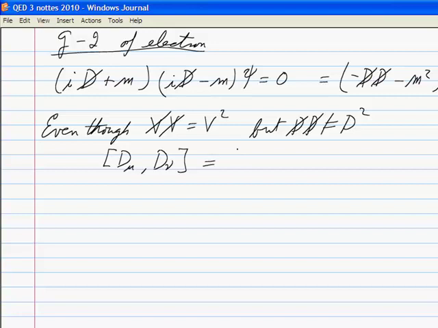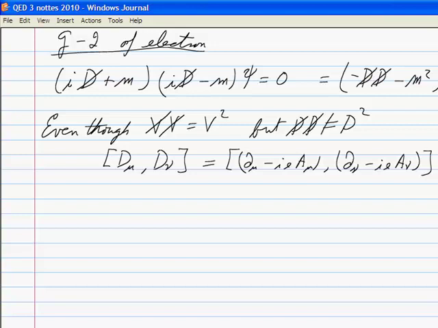So, well, let's just be a little pedantic here. It's D mu minus i e A mu, and D nu minus i e A nu. Well, if the derivatives were not acting on the A's, then the derivatives would commute, the A's would commute, everything commutes.